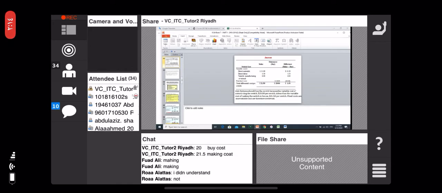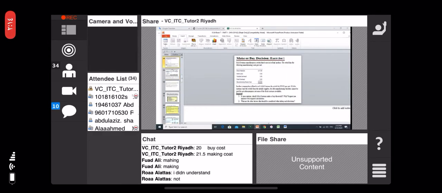Okay, for decision making, make or purchase, you need to compare between two costs: purchases cost and making cost. Here, what is the amount for purchases cost?